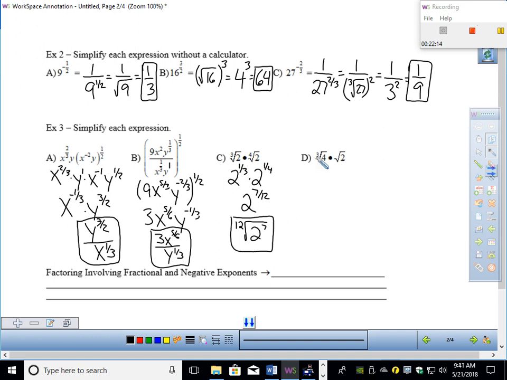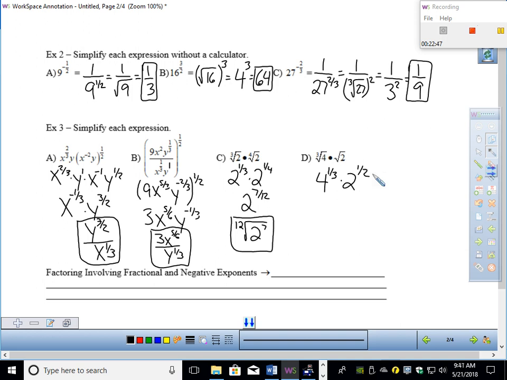So same premise. First of all, I've got a cube root here, a square root here. In addition, I've got a base 4 and a base 2. Well, let's do something similar to part C. So first order of business, I kind of look at it as that's 4 to the 1/3. This is 2 to the 1/2.